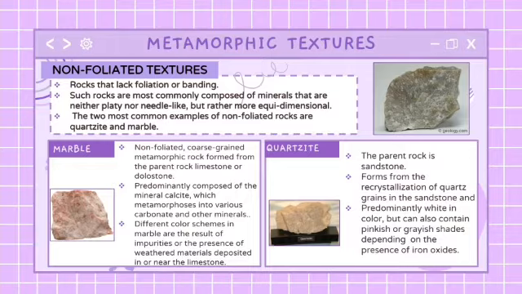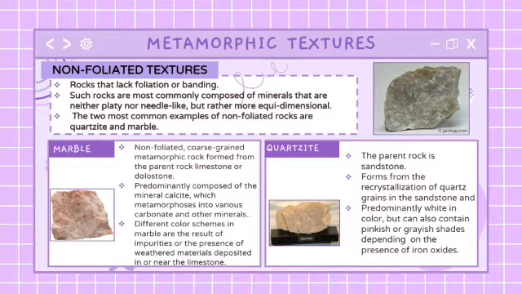As calcite recrystallizes, all the grains are active simultaneously and grow to the same size and shape, which leads to its non-foliated texture. Different color schemes in marble are the result of impurities or the presence of weathered materials deposited in or near the limestone. So the color of marble is affected by the weathered materials found in the limestone. Now, let's go to quartzite.